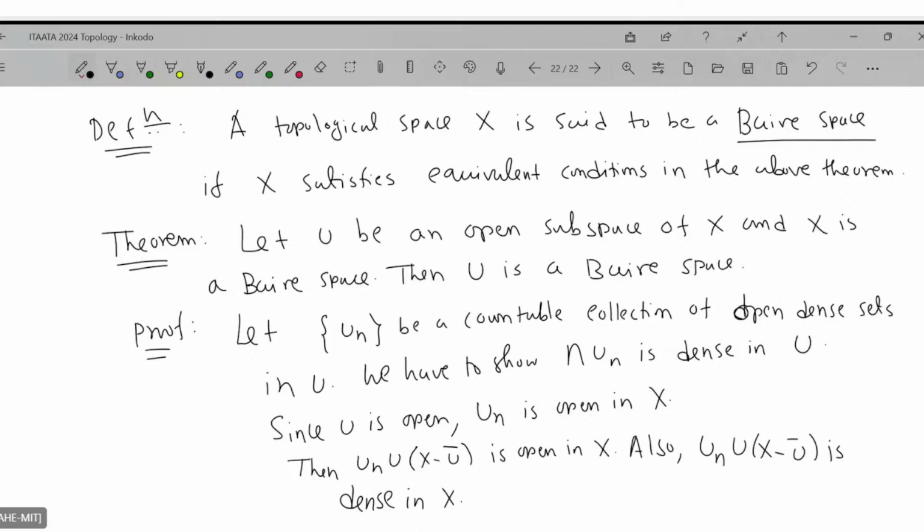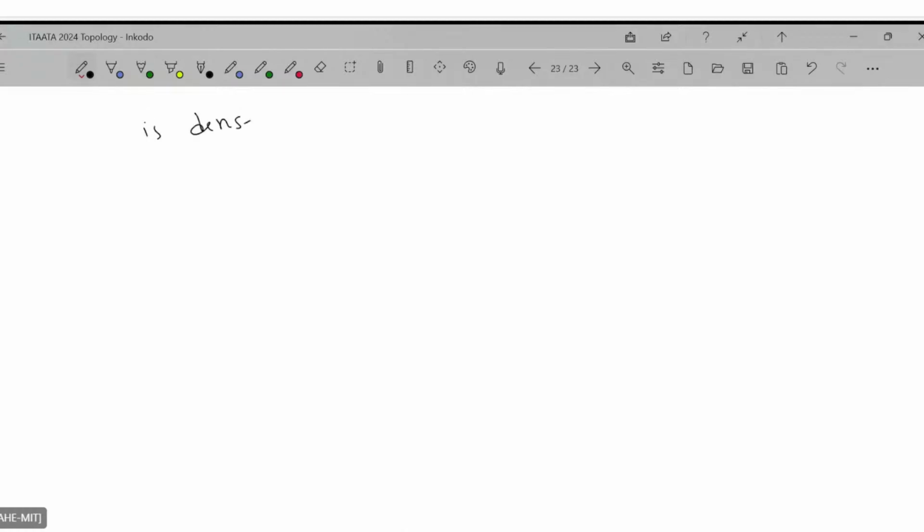So the intersection of these Un union X minus U closure is dense in X. I mean the intersection of all these. So you see this is dense in X.